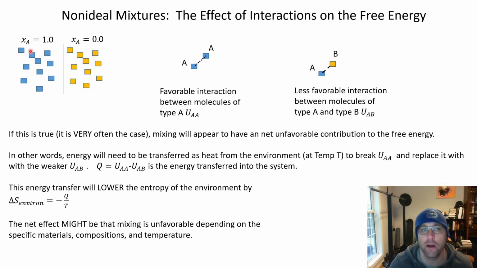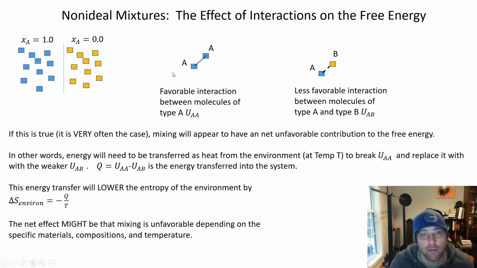So this is where x sub a, the blue boxes are called A, so this is all A. And inside this domain A, there are lots of favorable energetic interactions between A molecules and other A molecules, okay? If you want, you can think of these as just the van der Waals type dispersion interactions between any molecules. If it was water, say, it would be hydrogen bonding between water molecules.